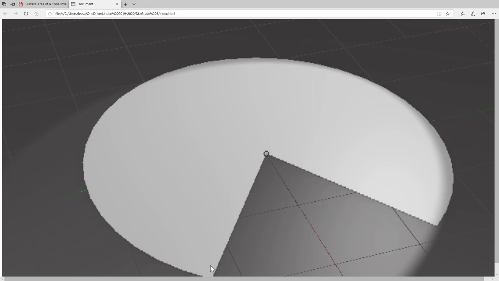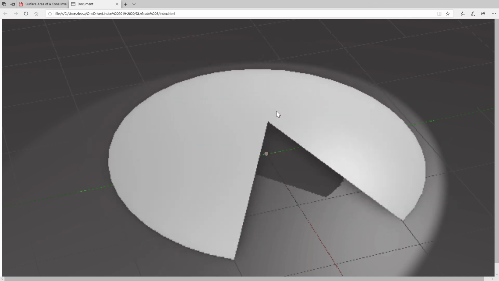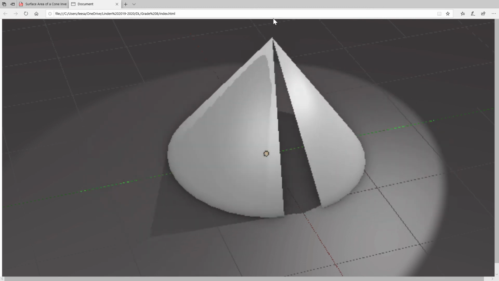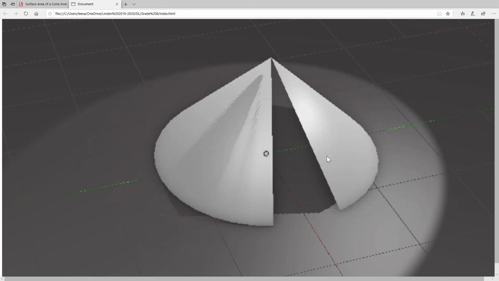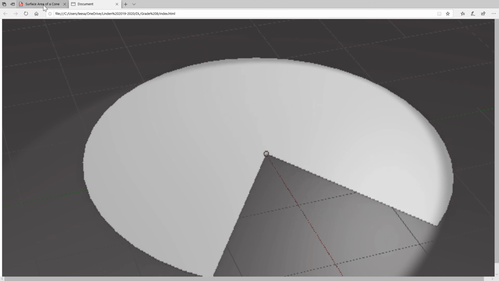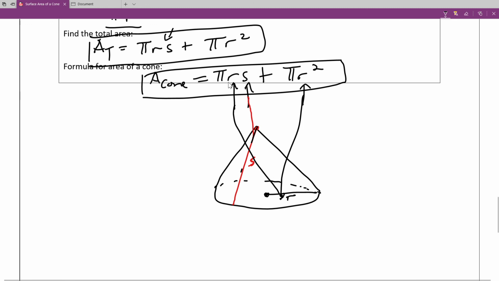The edges here were length s, and when you join it together, it becomes the slant height, the height from the top of the cone to the edge of the circle. It's on a slant. That's why it's a slant height. So again, we derived the formula for the area of a cone, pi times r times s plus pi r squared. This is the surface area, just to clarify.